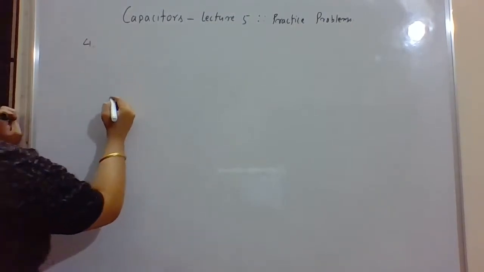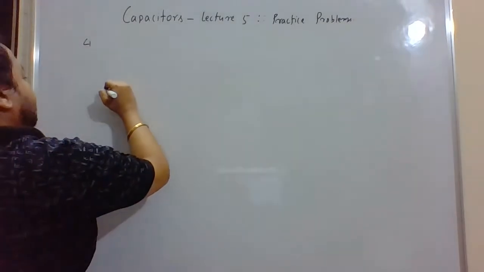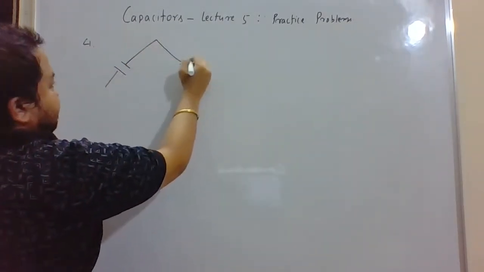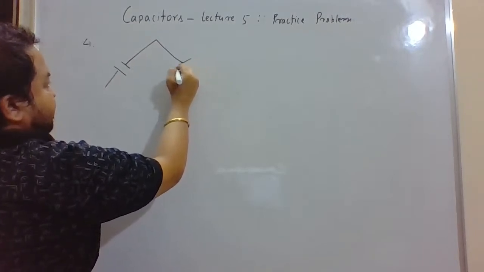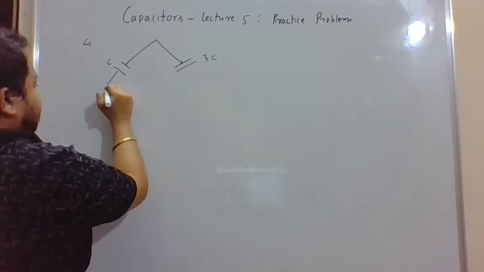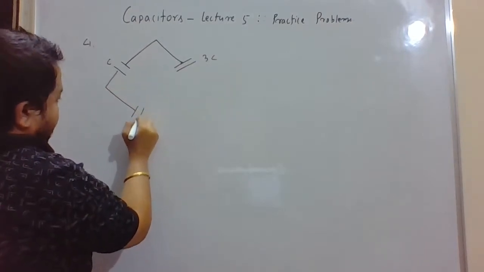Okay, so say this is one capacitor C and 3C. Suppose this is C, this one is 3C, and here it's reversed.